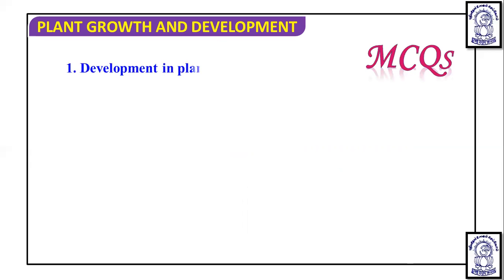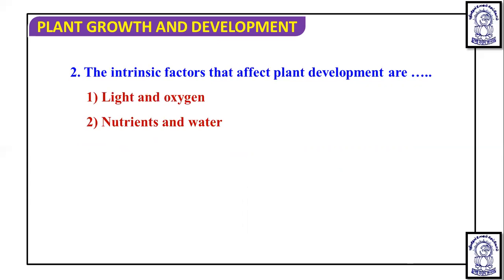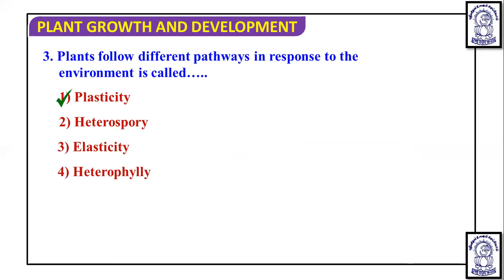So let's discuss some of the questions, and then we will start with the plant growth regulators. Development in a plant is under the control of, obviously, both intrinsic and extrinsic factors. The intrinsic factors that affect plant development are hormones and genetics, because light, oxygen, nutrients and water are the extrinsic factors. Plants follow different pathways in response to the environment, and this is known as plasticity.